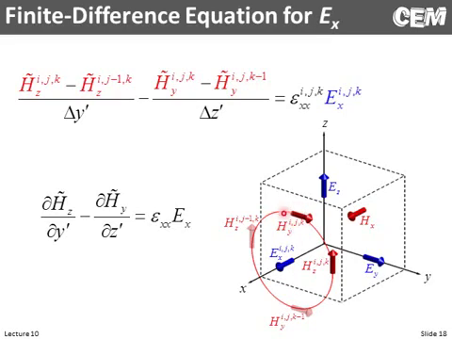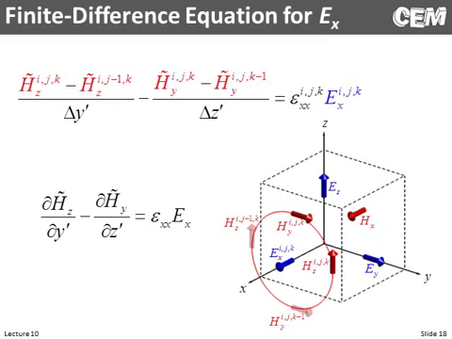So now we have the magnetic field from the same cell minus the magnetic field from the previous cell divided by the spacing delta z. And that exists at the midpoint, which is right here. So we converted our analytical equation to finite difference form and verified that each term exists at the same point.